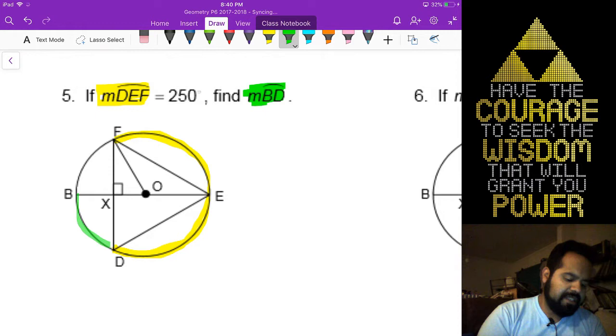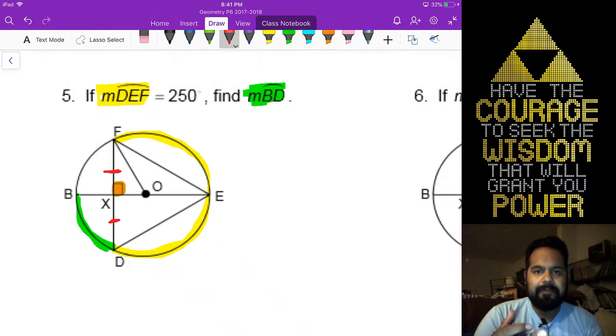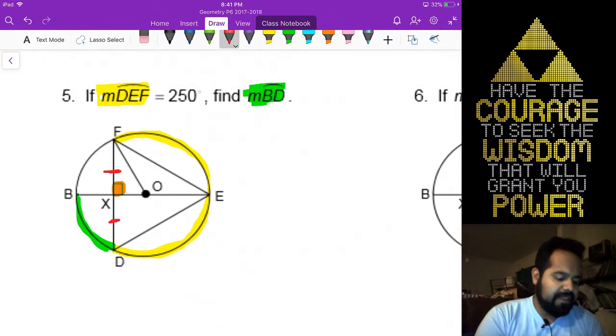Well, BD is only this section, but if you remember from the notes, we talked about what happens when you see a right angle here. This is going to do a couple things for us. This will tell us that, hey, these two parts of the chords are congruent. But more importantly for this problem, they're telling us that these two arcs are congruent.